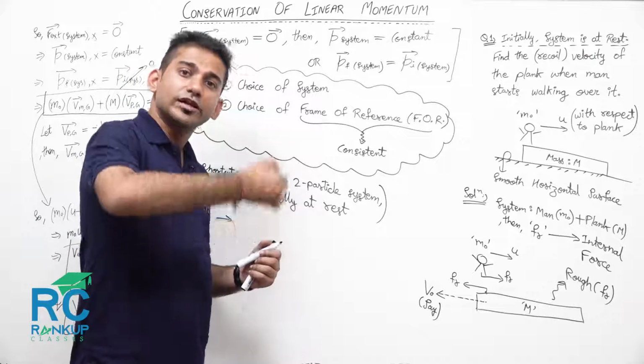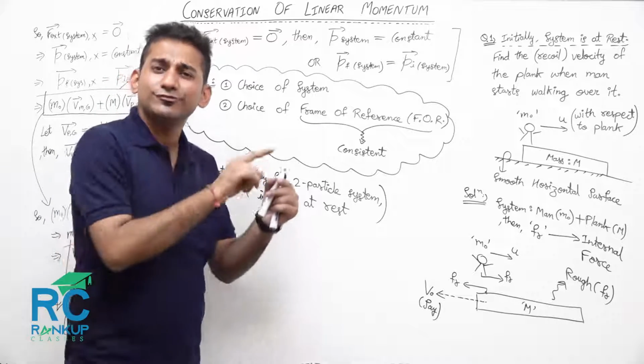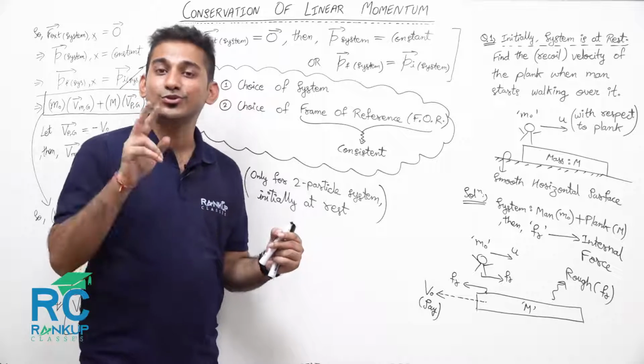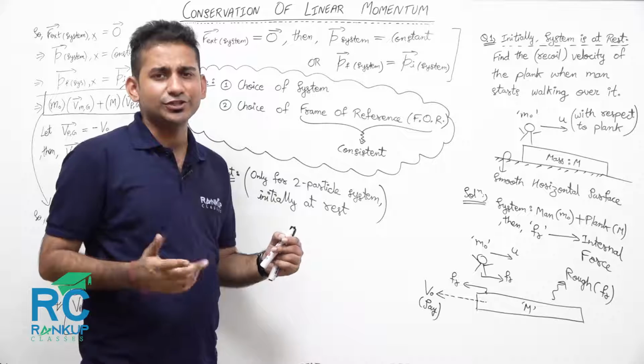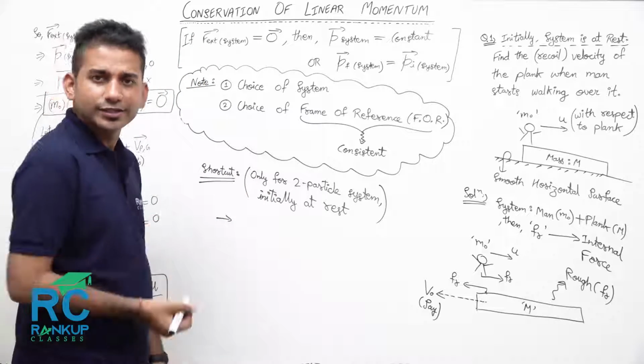Absolutely one will be moving upward, the other downward. If one is moving towards you, then the other must be moving away from you, so as to nullify the final momentum of the system, same as the initial one. Initially the system was at rest, so the linear momentum will also be equal to 0, right?